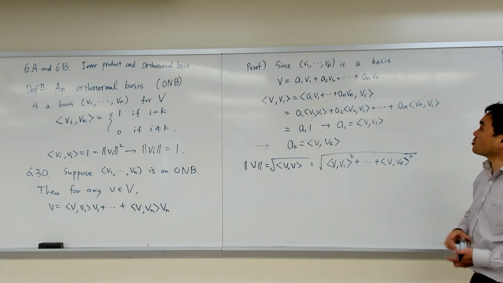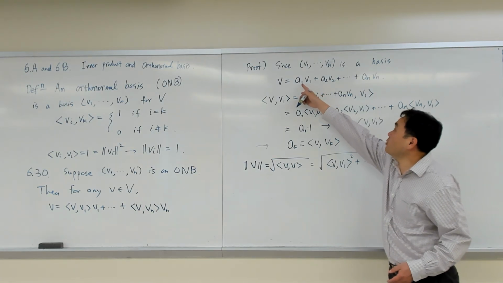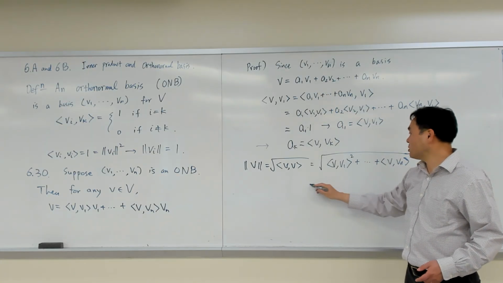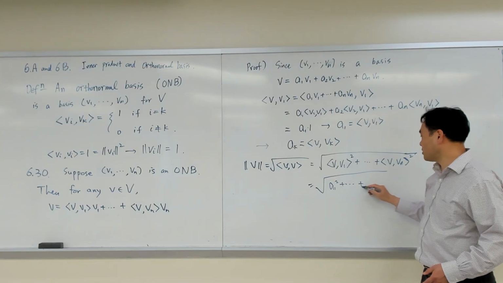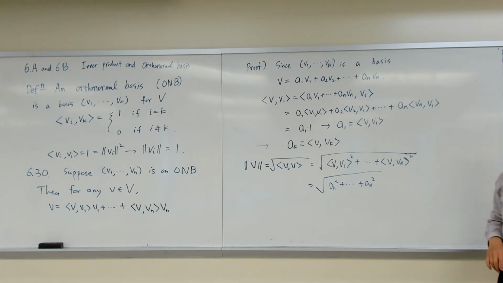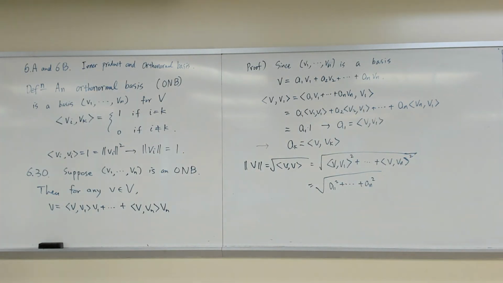So in other words, if A1 is the coefficient of V1, A2 is the coefficient of V2, this is like the square root of A1 squared plus and so on, plus An squared. That's what I'm saying. Okay. So that's another thing that you can easily prove. So let me skip that part.